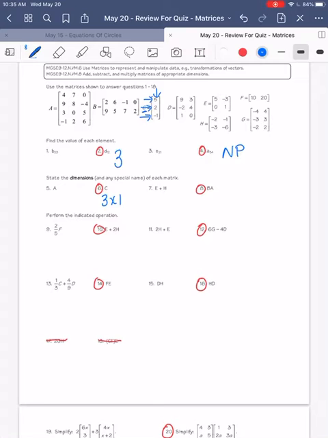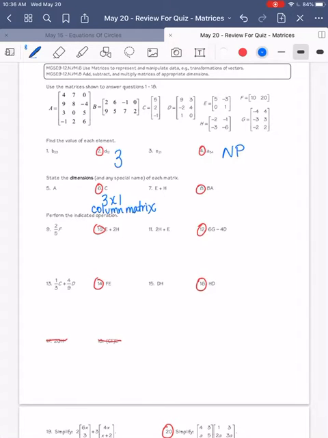So 3 rows, 1 column, and the special name would be a column matrix, because it is tall like a column. Number 7, I know I'm not supposed to do that one for you, but it's asking you, first of all, can you add them? If you can, what would be the dimensions once you add them? Just think about how the dimensions would change or if they would stay the same.